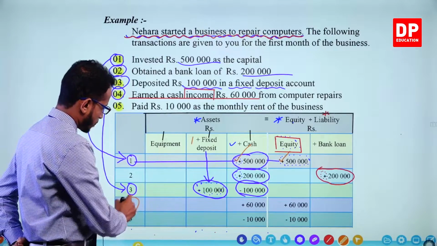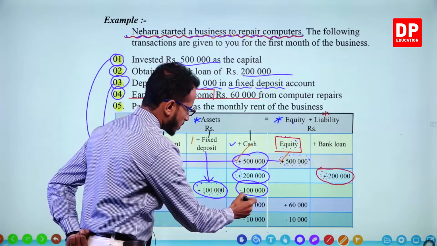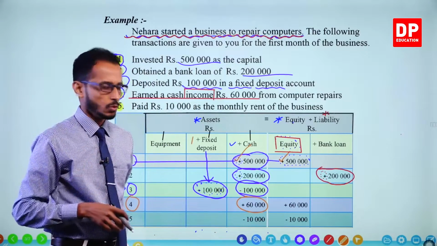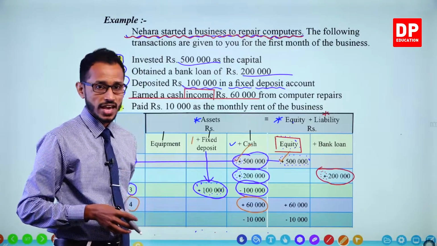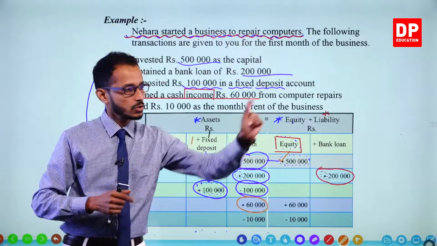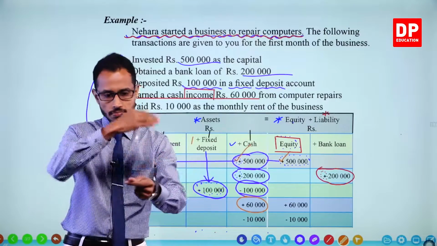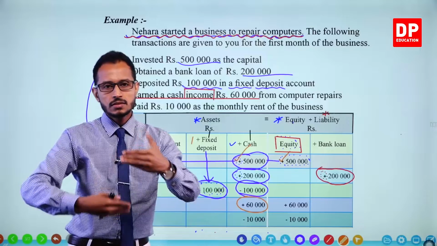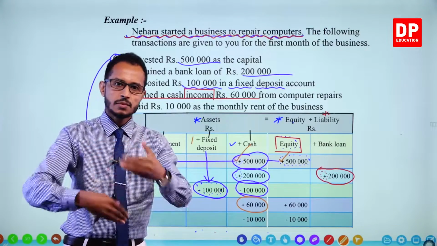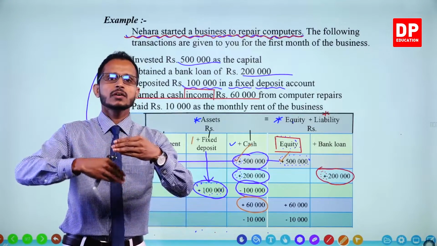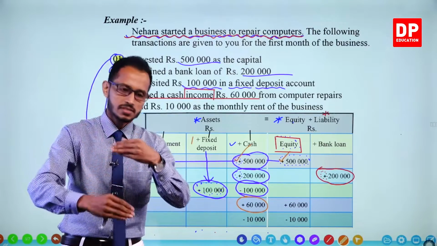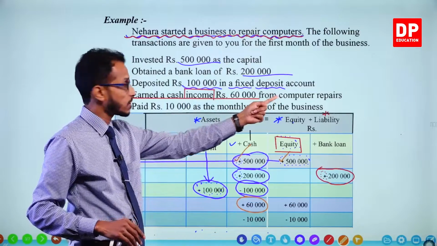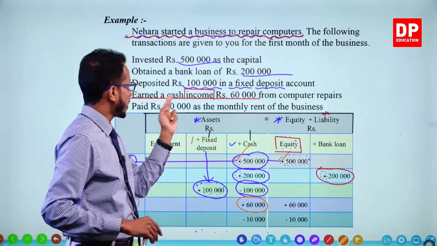The 60,000 increase of cash is obviously recorded, that we already know, because cash is coming into the business. Now we have more money than we had before. That means cash has increased by 60,000 because it was brought by an income.